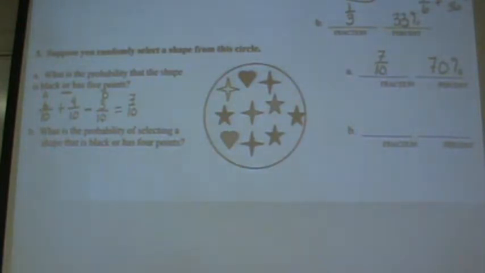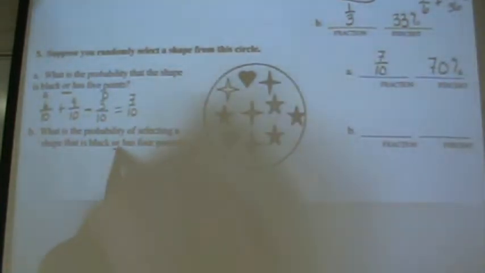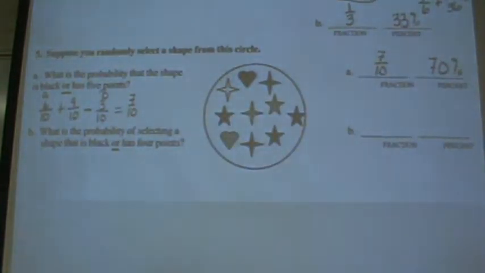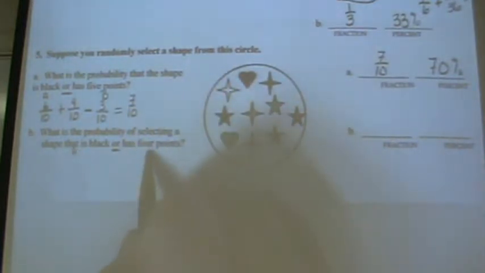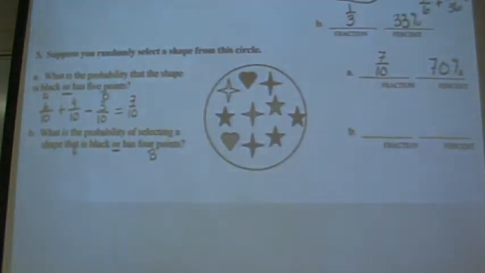Part B. What is the probability of selecting a shape that is black or has 4 points? Again, we have that "or", so we know that it's going to be mutually exclusive or inclusive. Event A, we'll say again, is that the shape is black, and event B is that it has 4 points.